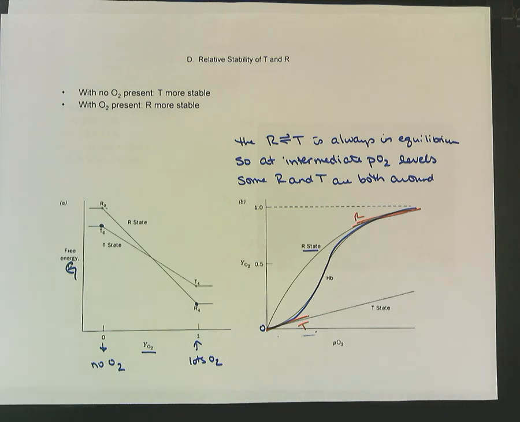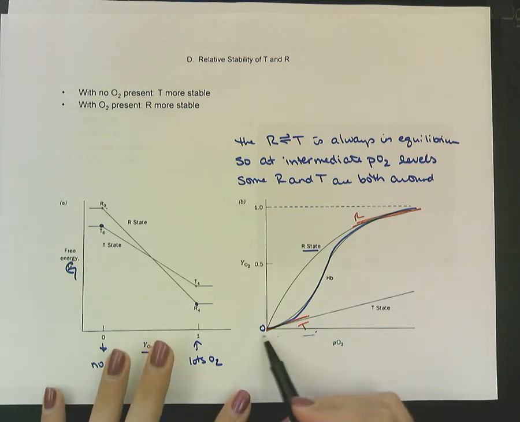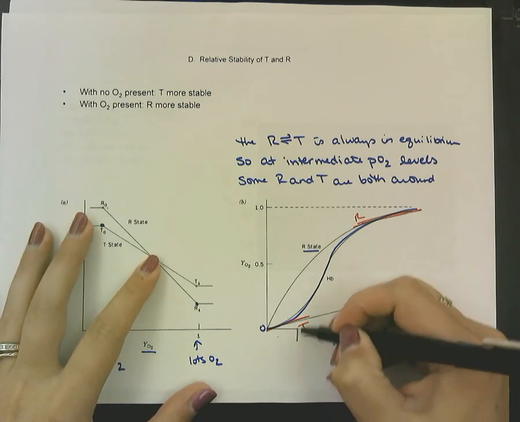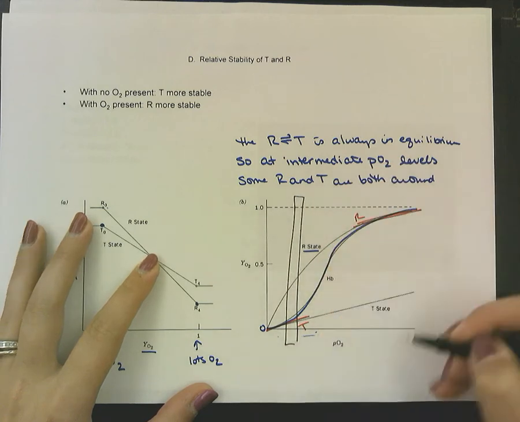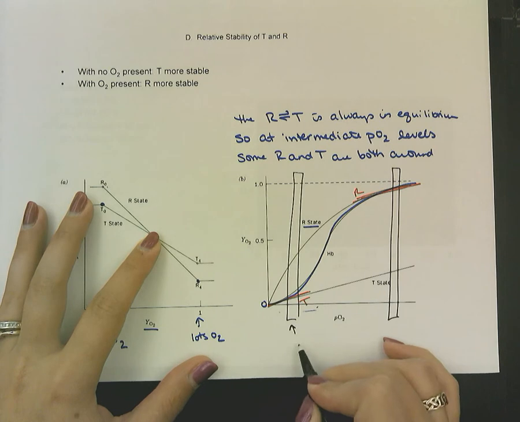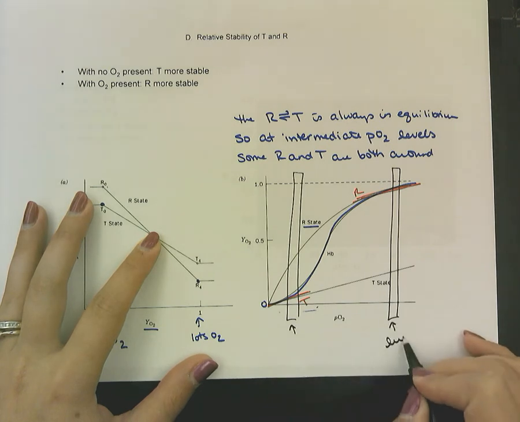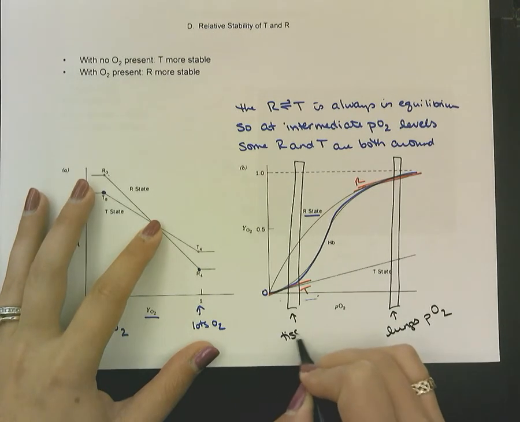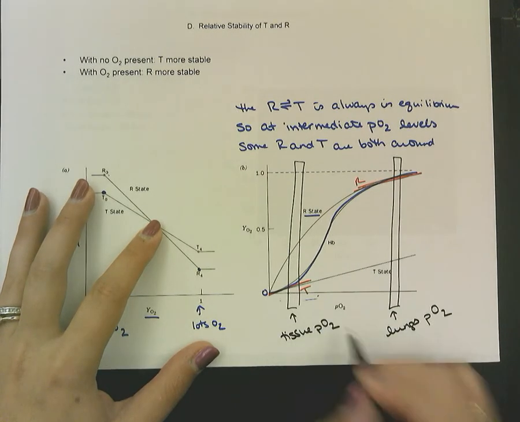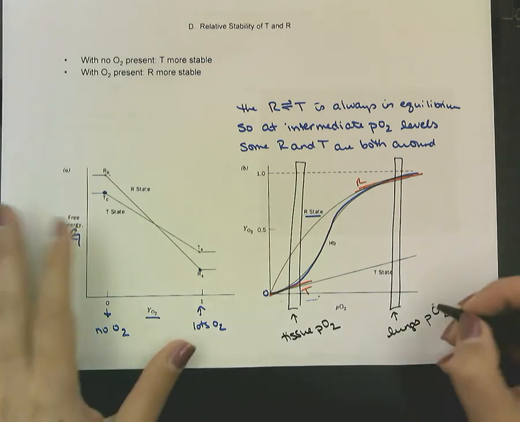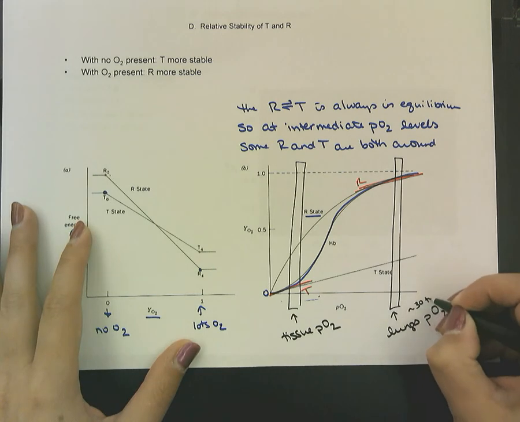So, looking at this sigmoidal hemoglobin curve, lungs have a partial pressure around 30 torr.